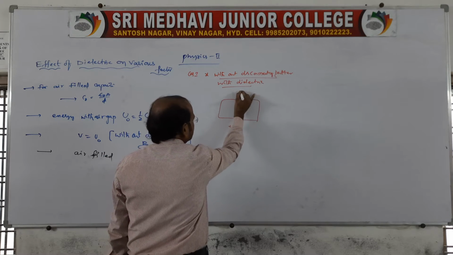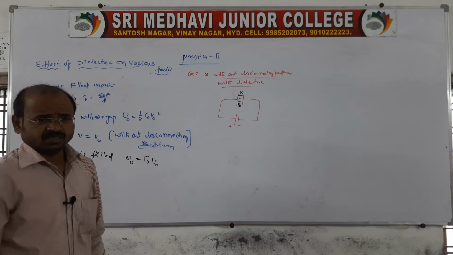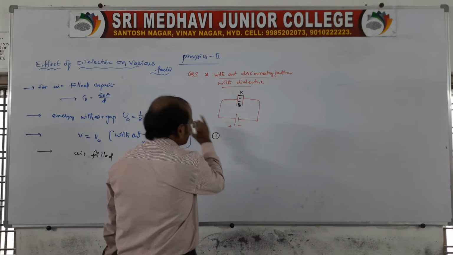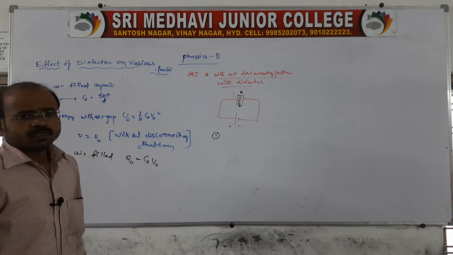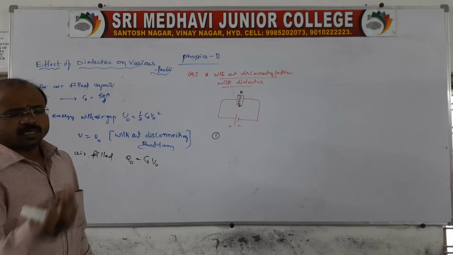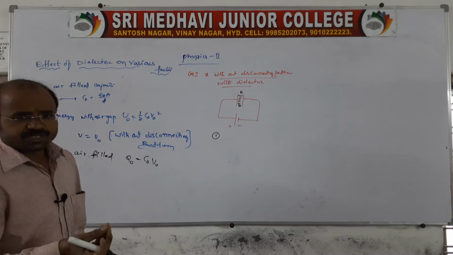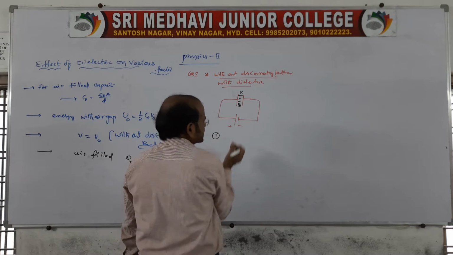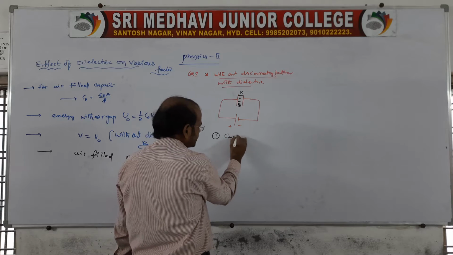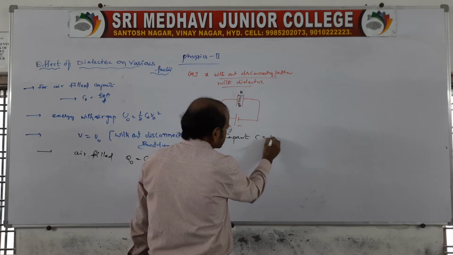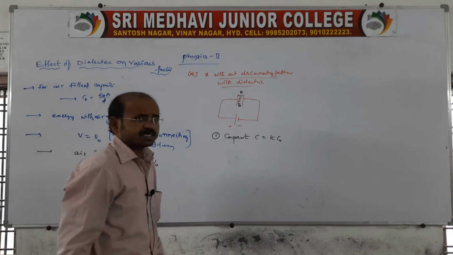The dielectric constant is K, and the battery is present. Then what will happen to our quantities? The capacitance: when a dielectric is introduced, the capacitance will be C is equal to K into C naught, because it increases by K times.